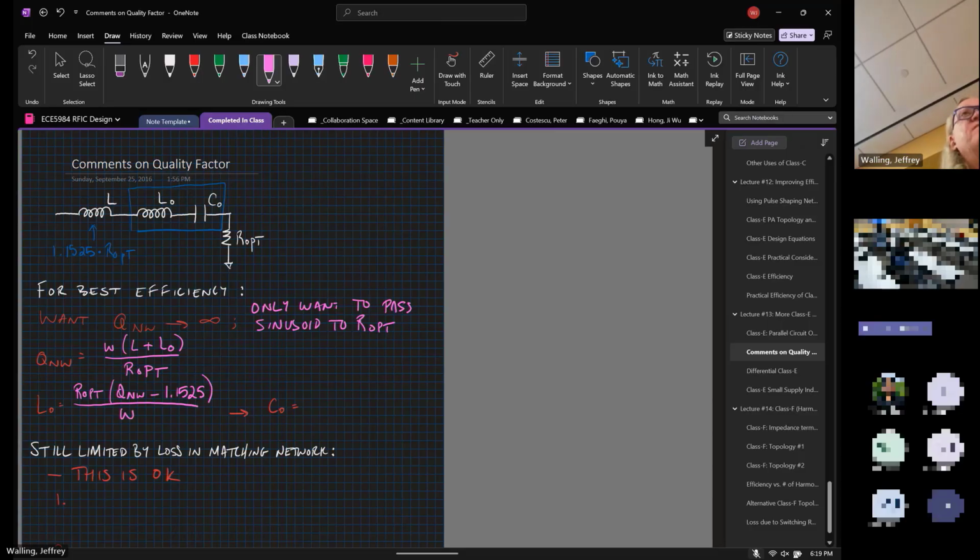And then, because I have a series resonant circuit, the resonant frequency is equal to 1 over the square root of L naught times C naught. I solve for the inverse of that, and I find that C naught is 1 over omega squared times L naught.